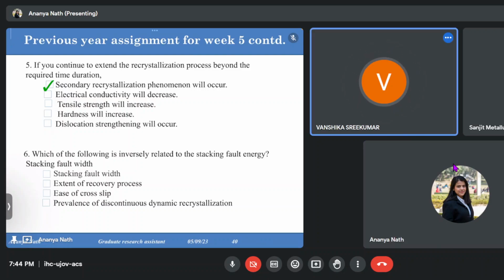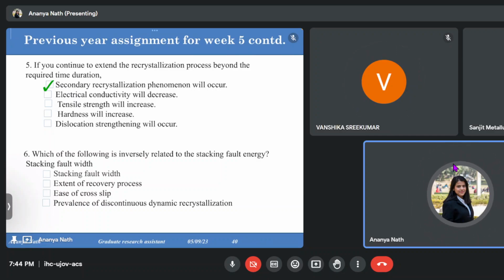Mom, I didn't get you. Okay, so for normal recrystallization, which was happening for a particular recrystallization time duration, the resistance was decreasing, na? The conductivity. Yeah. So just for an example, assume the resistance is increasing, conductivity is decreasing.